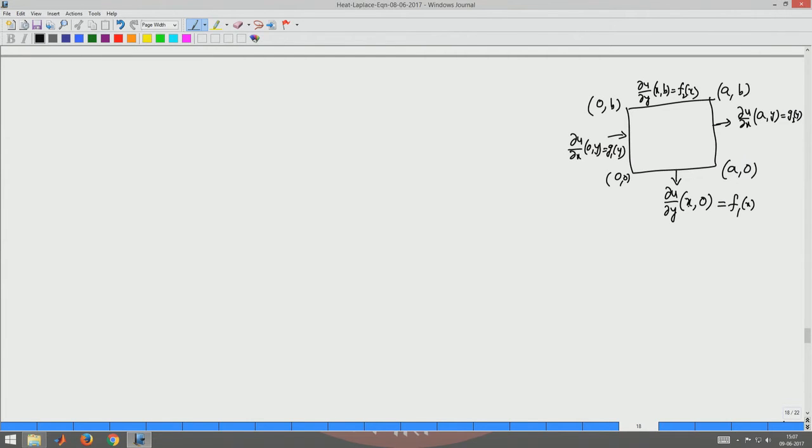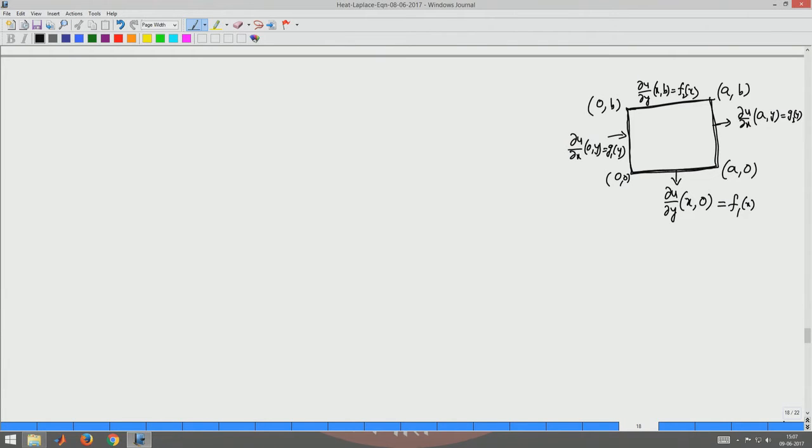Suppose f1, f2 and g1, g2 are 0. That means the plate is insulated all along the boundary. The flux is zero, so no heat is going out of this boundary.